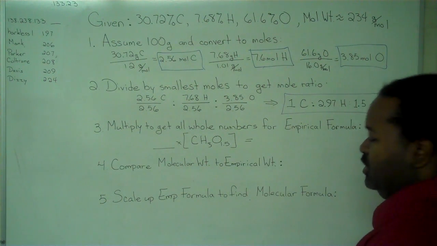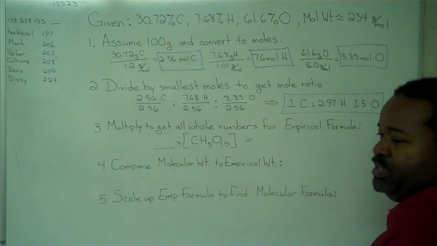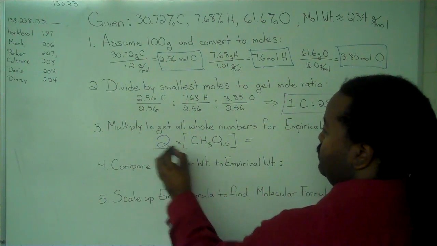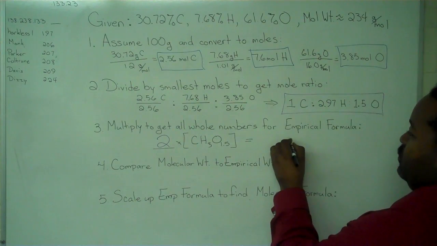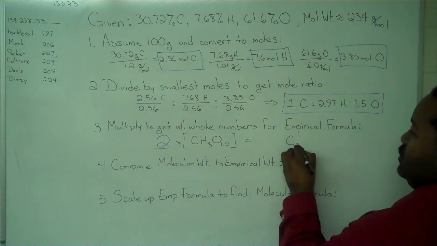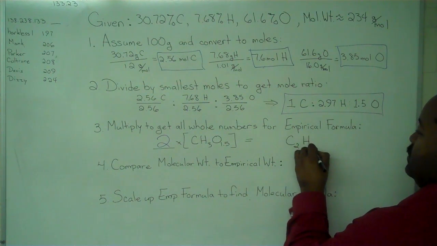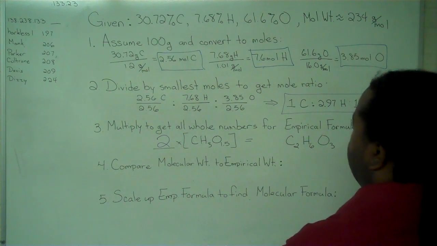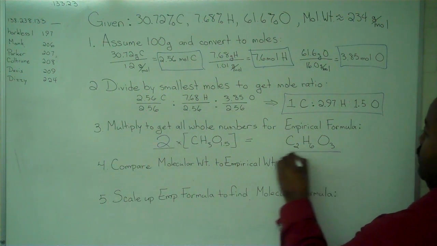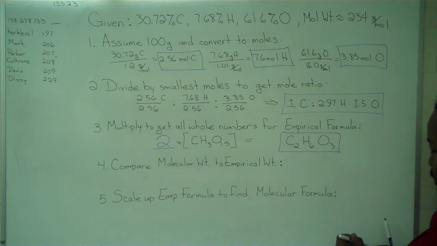So we determined that you can multiply this whole thing by 2. Multiplying by 2 gives us an empirical formula of C2H6O3.